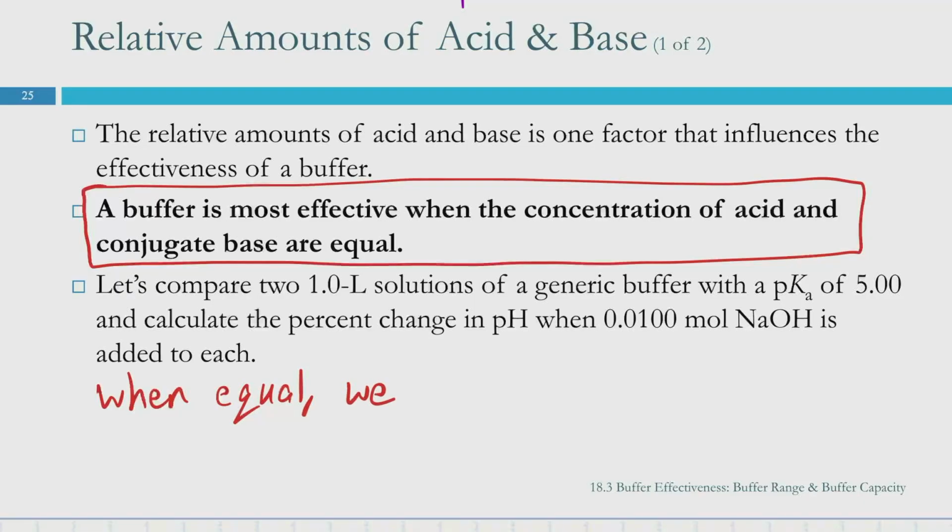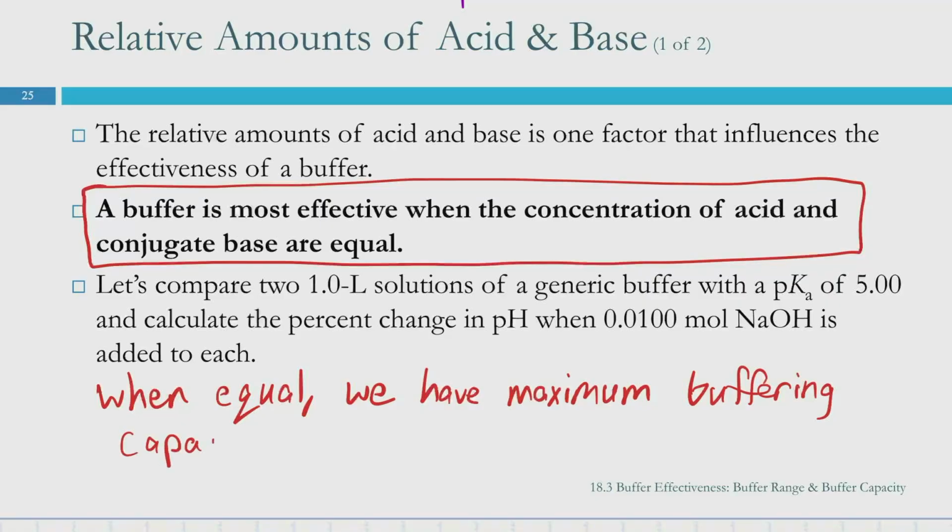When equal, we have maximum buffering capability. Because we have the same amount of both, we can buffer both directions equally.